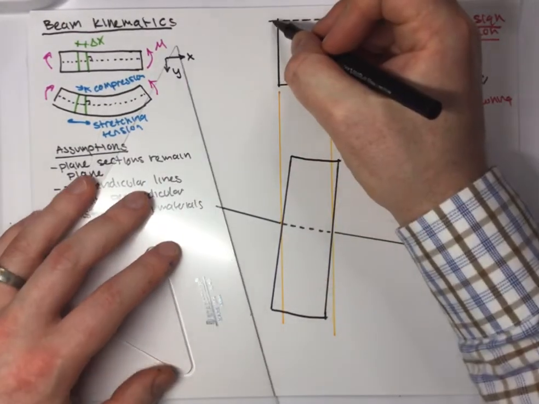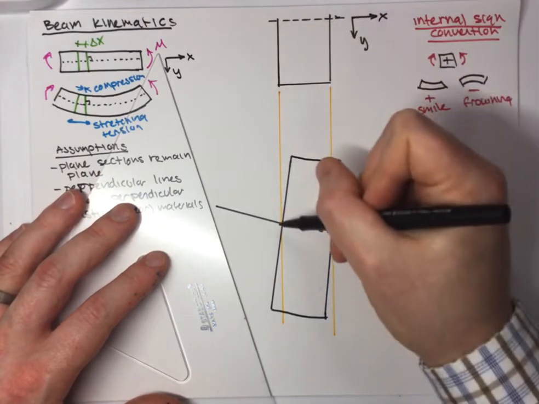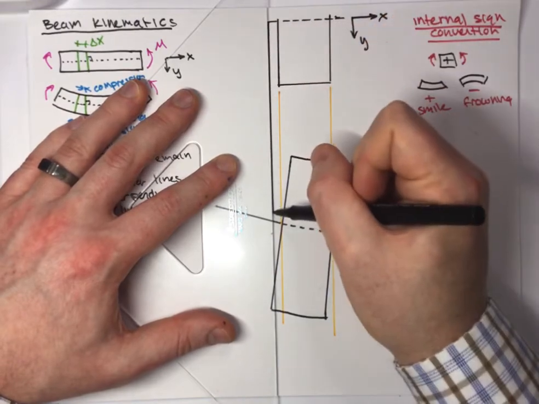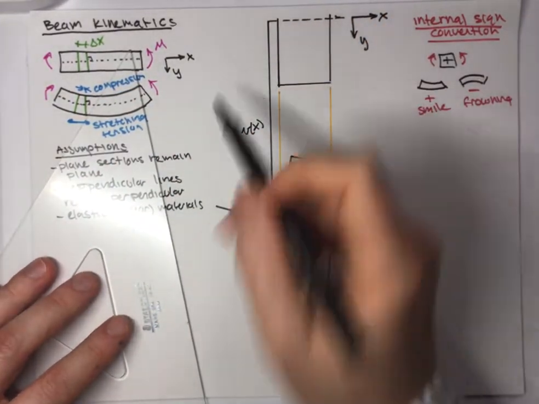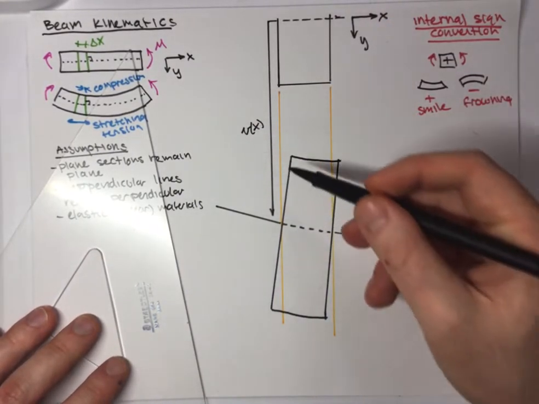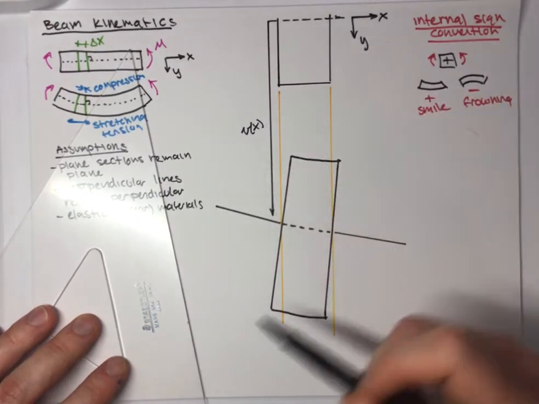The distance from our original centroid to our new centroid, we can say, is going to be v of x, if we assume that x is on the left side. So that is just the displacement in the x direction. This is the displacement in the y direction at x.